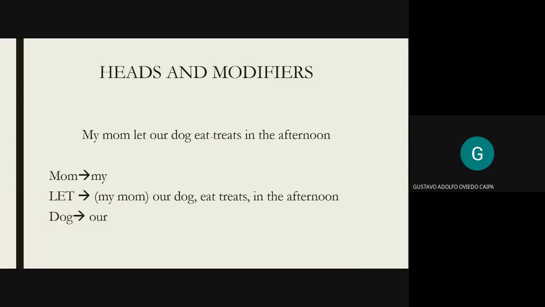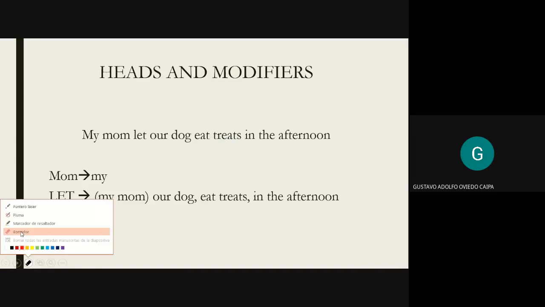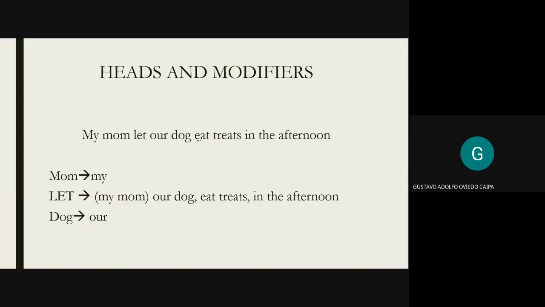Another head would be treats, right? I don't know. I'm sorry, I'm jumping too fast. Eat. This will be another head. So, what is given information about eat? All right, the dog.